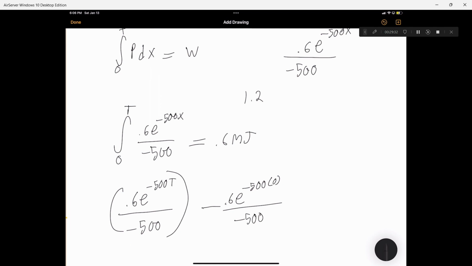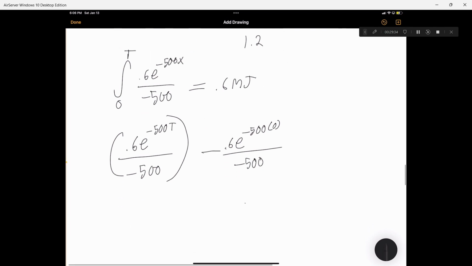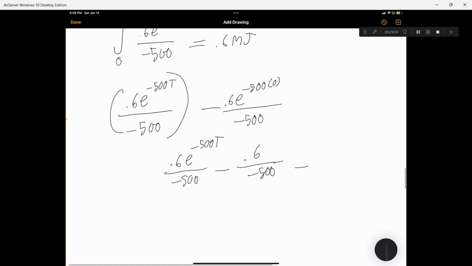So we're just left with 0.6 divided by negative 500 minus 0.6 e to the negative 500 t divided by negative 500, is equal to 0.6 millijoules.